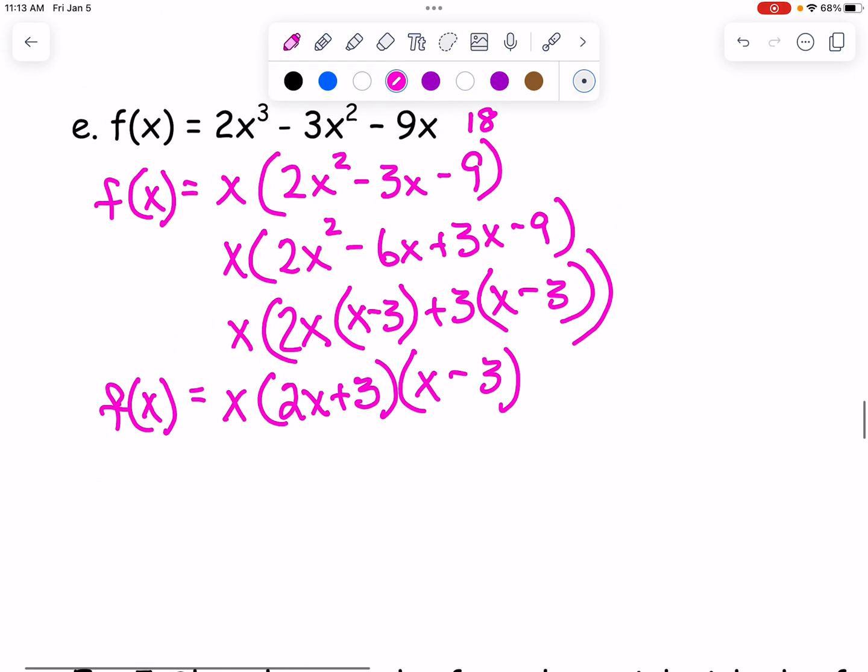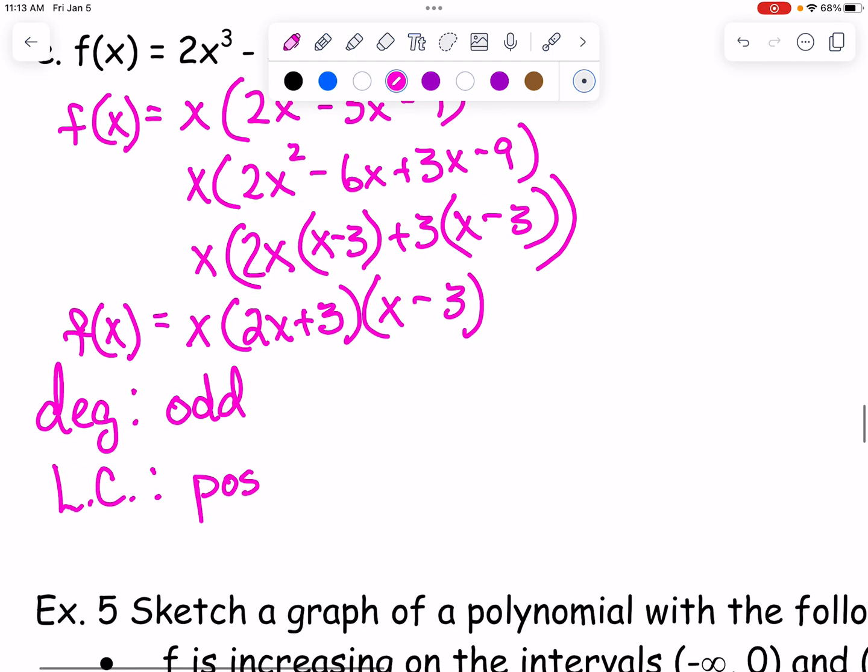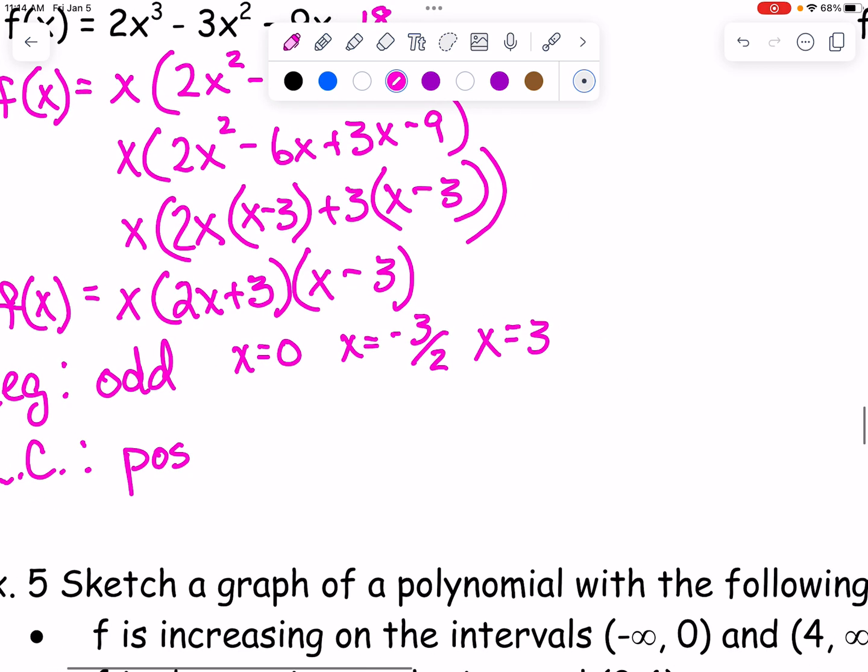So this is a degree of 3, which is odd. Leading coefficient is positive. My roots are 0, -3/2, and 3. At 0, all of these are going to cross.